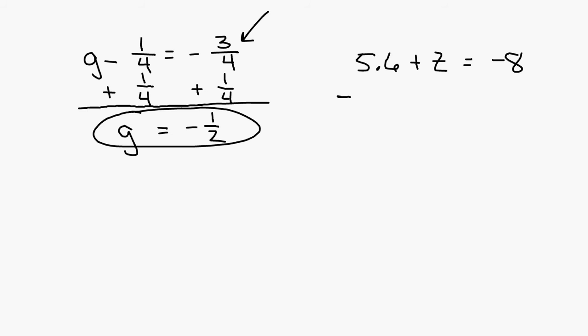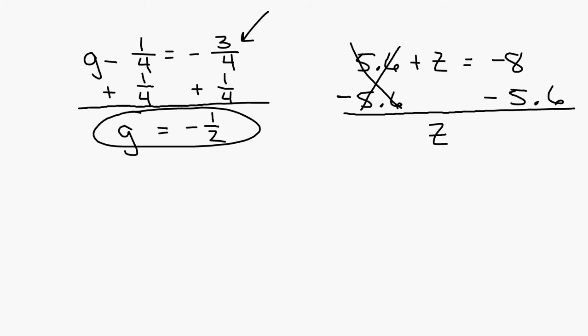Very good. So we're going to subtract 5.6 from each side. All right, these cancel out. The z comes straight down. Now it's going to be negative 8 minus 5.6. And you should get negative 13.6 on your screen. What should we get? Negative 13.6.